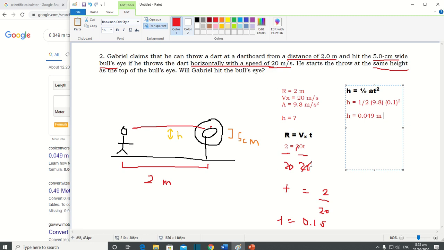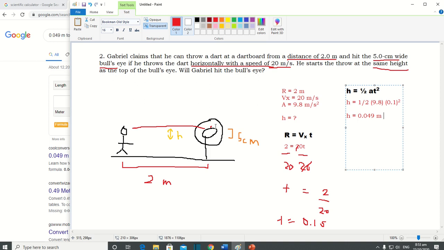Ang height naman ng bullseye natin is 5 centimeters. So, ang indication para masabi nating tatamaan yung bullseye is to make sure na yung total height ng projectile ng dart ay hindi lalagpas sa 5 cm. Kasi kapag lumagpas na sa 5 cm ang total height ng projectile motion ng dart, bababa na yan.